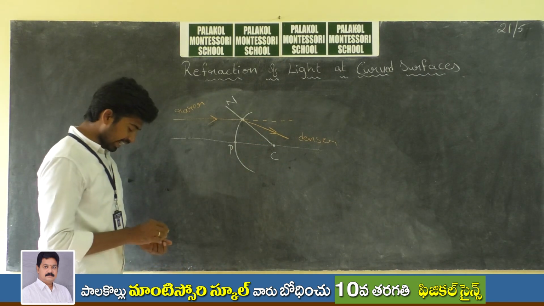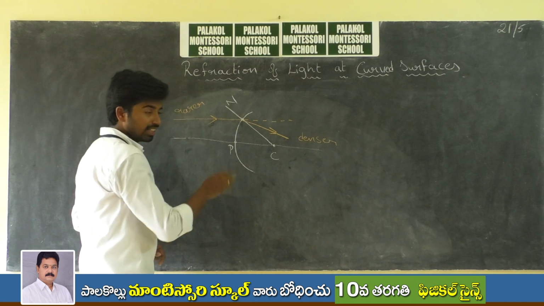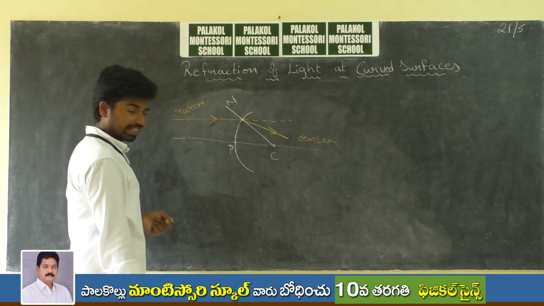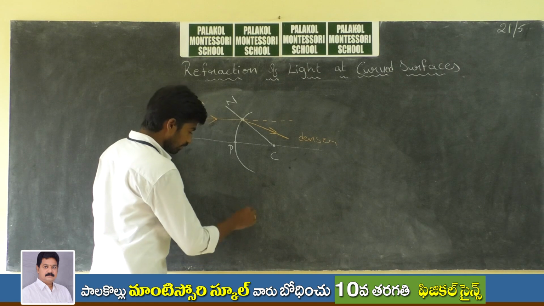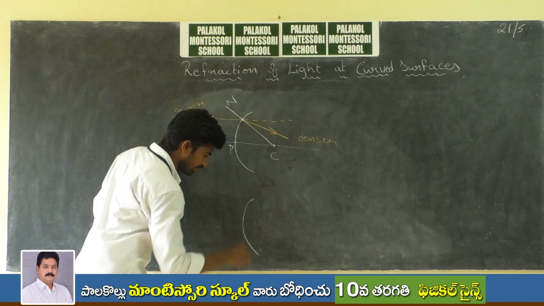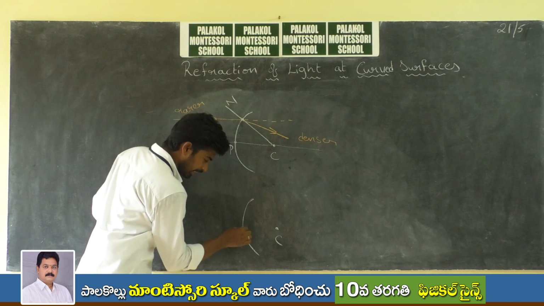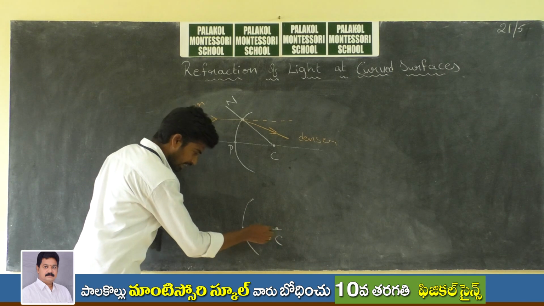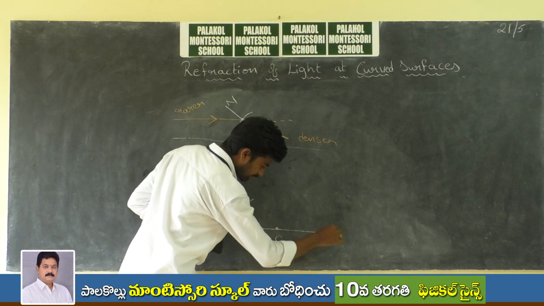So let us see another case. This is the case where we considered the right section as denser and the left section as rarer. So let us reverse the mediums. Again I have considered a curved surface, and this is the center of curvature C. The midpoint of the curved surface is called the pole. The line joining the center of curvature and the pole is called the principal axis.